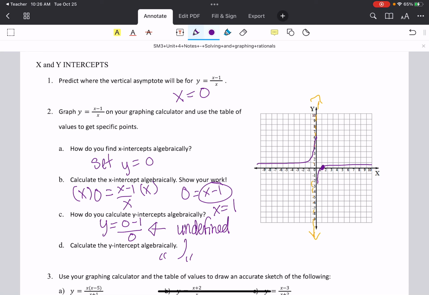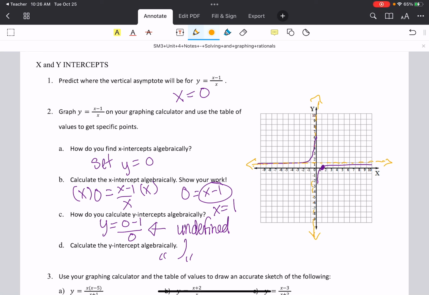So yeah, on your calculators, it approached x equals 0, and there was an intercept at x equals 1. No, 1, 0. And I'm also noticing this horizontal asymptote here.